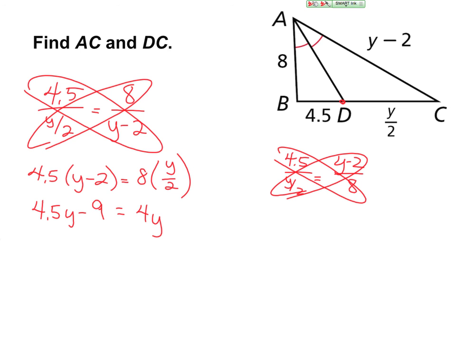The only change could have been the y over 2 could be on top, but then the y minus 2 has to go on top to match with it. So you couldn't do 8 over 4.5 over 12 minus 2 over y. Minus 2 over y. Did you not do that?